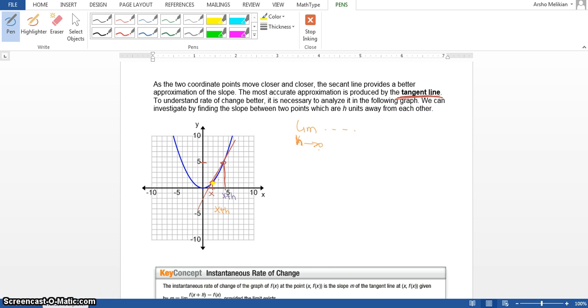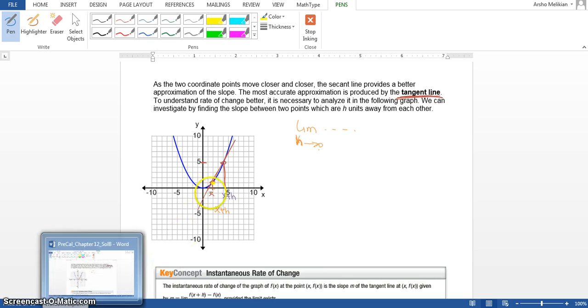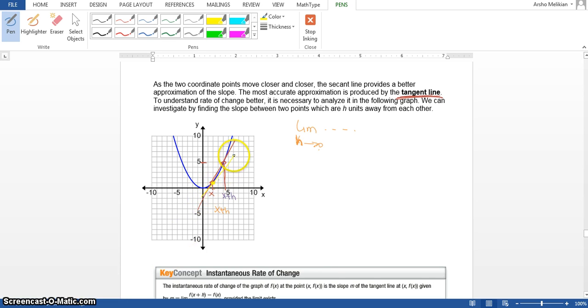Now if I connect those 2 points, the red and the yellow, what is that line going to look like? This. Okay? So what did we say the red line was? What name did we give it when it crossed the... It's a secant line. But when the points are so close, they're almost on top of each other, and I connect those 2 points, the line becomes a tangent line. Okay? And now, when I find the slope of the tangent line, that's the best approximation of the slope of this curve at that point.